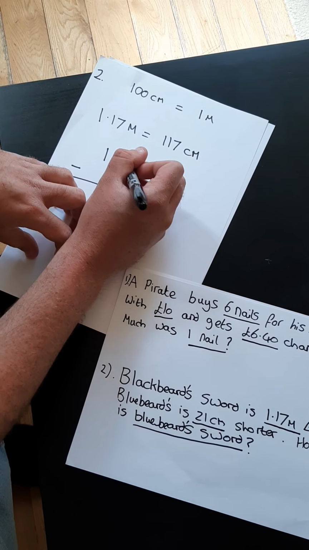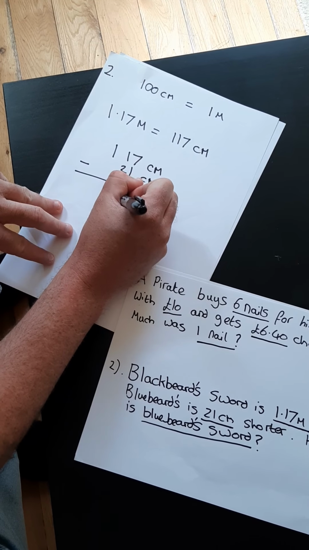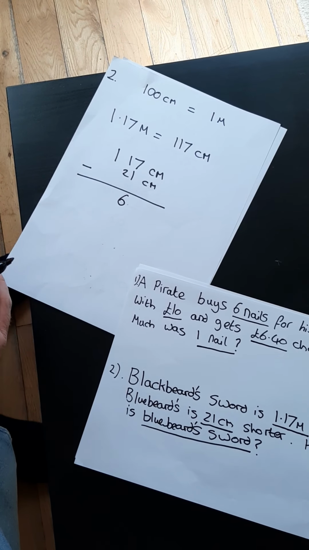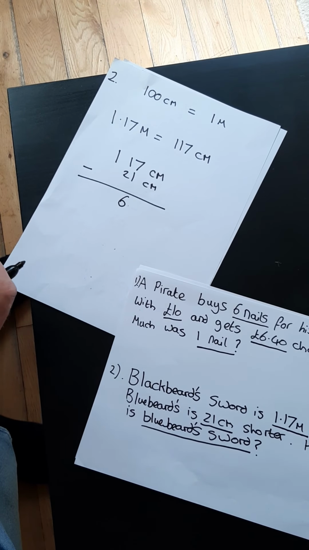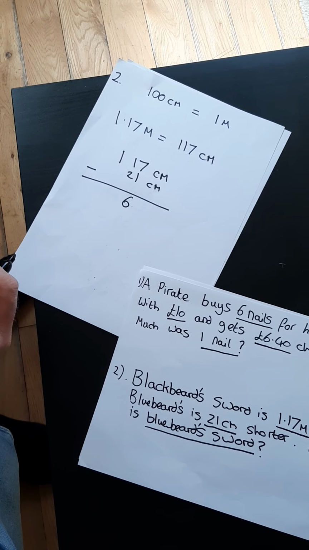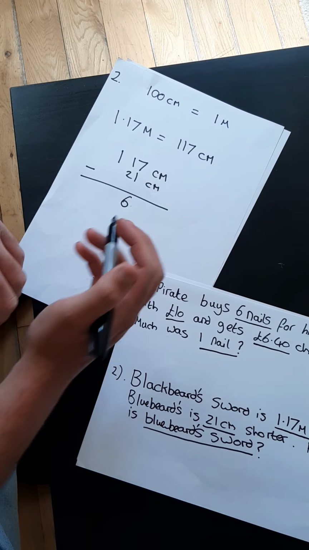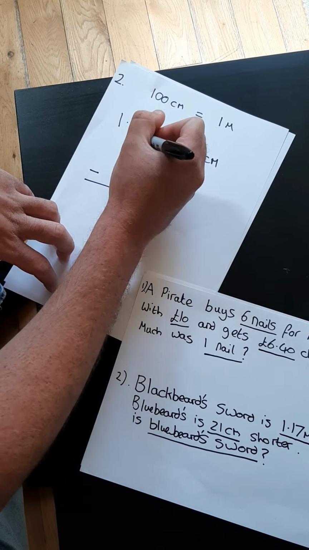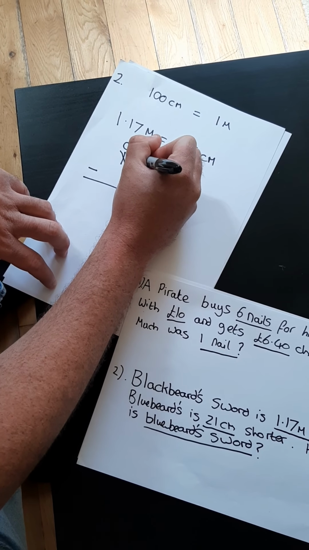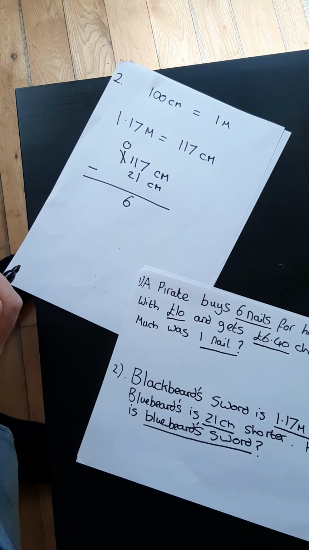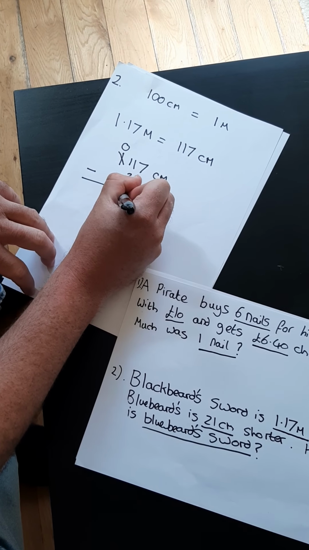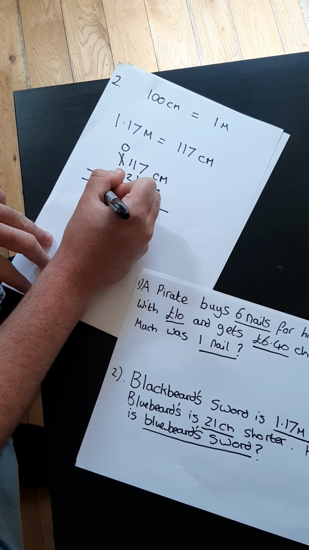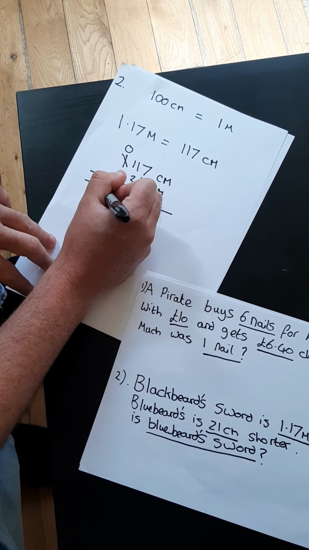Now 7 take away 1 is 6. 1 take away 2, we can do it, but again it's going to leave us a negative number, and right now we don't want that. So we need to exchange from next door. That gives us 11. 11 take away 2 is 9, and 0 take away nothing is 0.